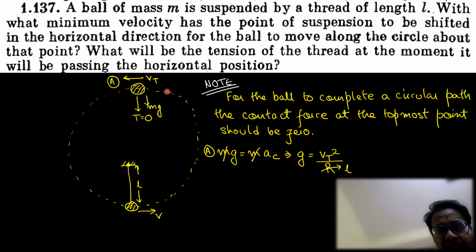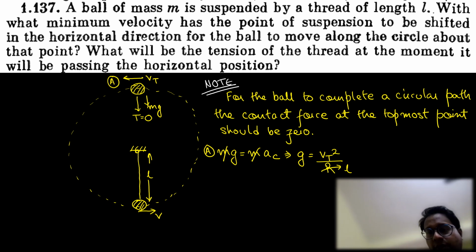Although I drew an improper circle here, just imagine a proper circle with this point as the center and radius l. Let me draw the proper circle so you get a notion of what's happening. Now it looks more like a circle.